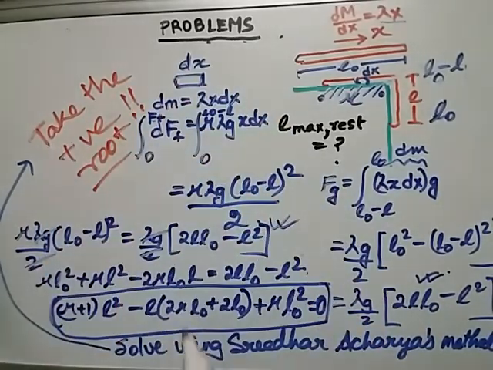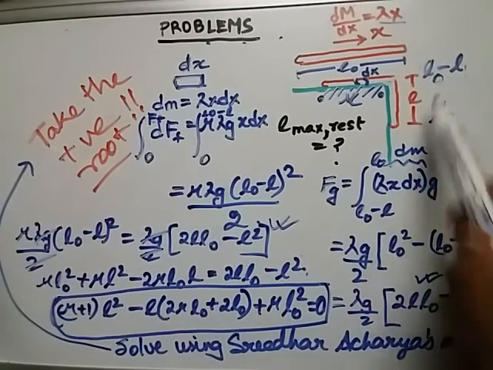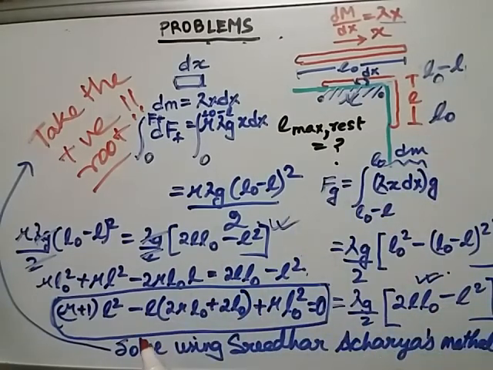Don't forget this, don't take the negative root because this length cannot be negative. Fine. So that's it for this problem.